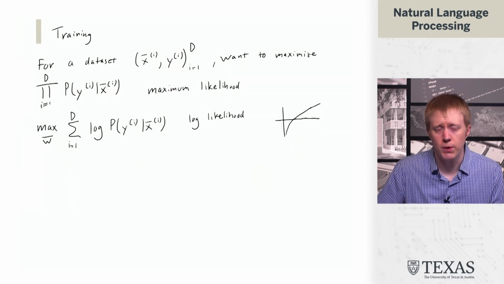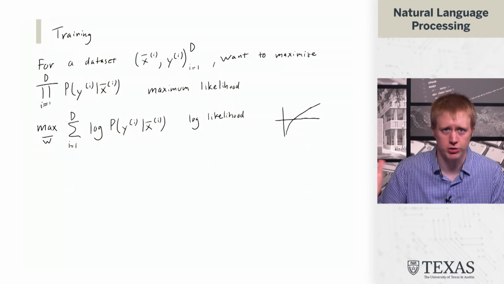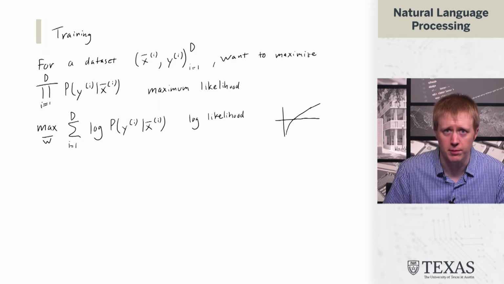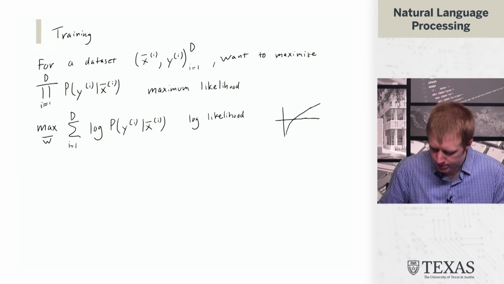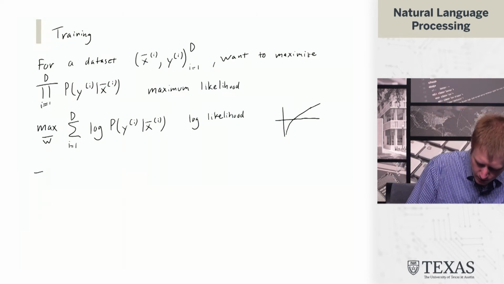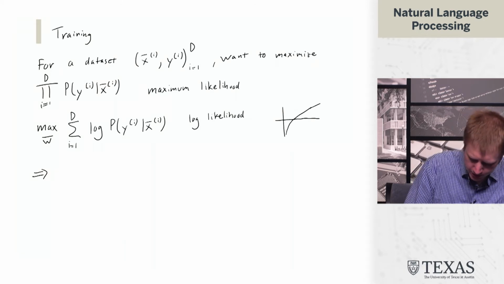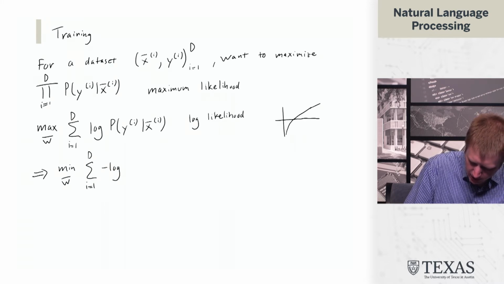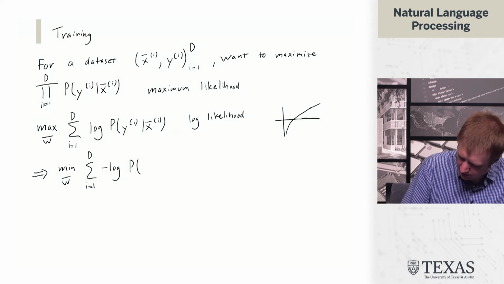So we take this log and push it through the product, and it becomes a sum, and then we get the max of a sum of log probabilities. Then one more transformation: we put in a negative sign and flip it around, and instead of maximizing the log likelihood, we minimize the negative log likelihood.